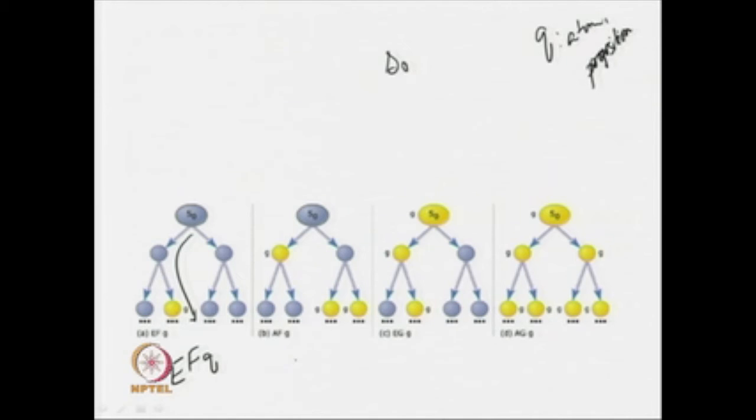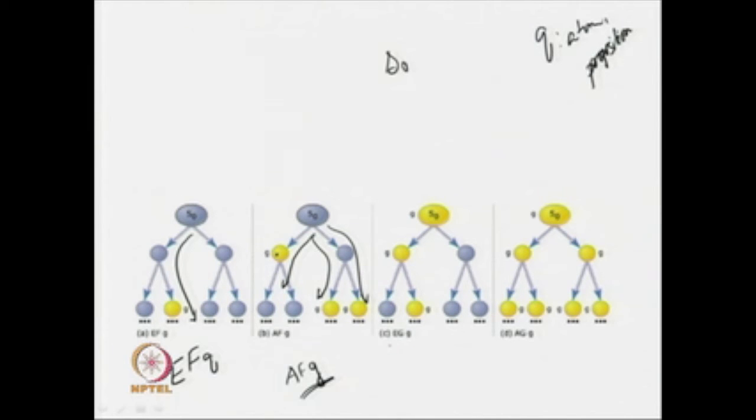In the second one, I have said A, F, G, sorry, this is A F Q. In this case, we check whether on all paths in future it is true or not. We are getting at least one state where it is true, and the other two paths are like this. So, in future we are getting this true, so we can say that AF Q is true.